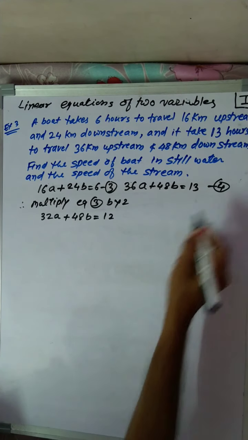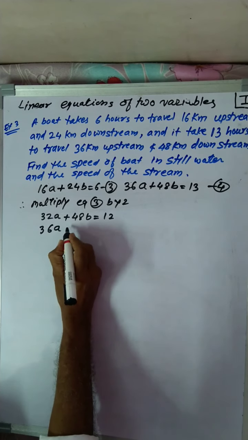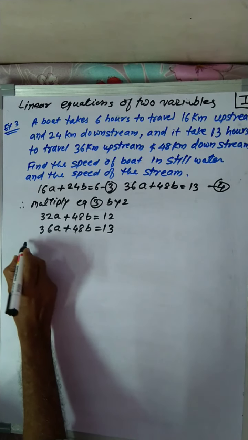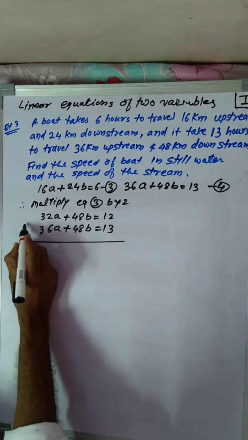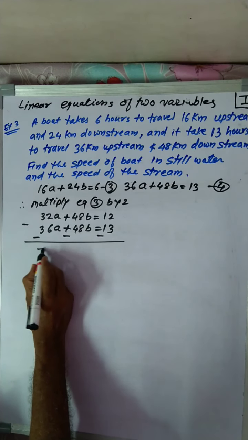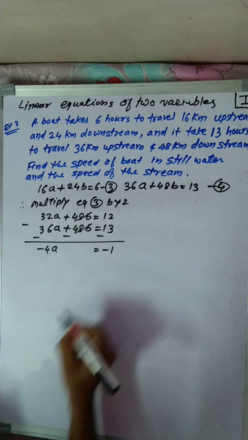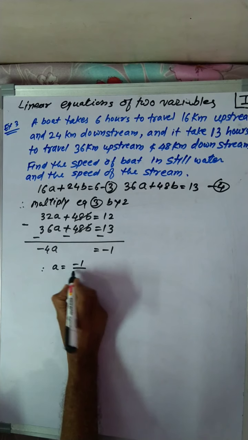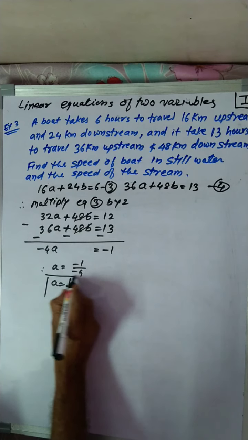Now write the fourth equation below that: 36a plus 48b is equal to 30. Here the coefficients of b are the same and the signs are the same, so we subtract, changing the sign of the second equation. We get minus 4a, the 48b terms cancel, is equal to minus 18. That means a is equal to minus 1 upon minus 4. Therefore a is equal to 1 upon 4. We get the value of a.